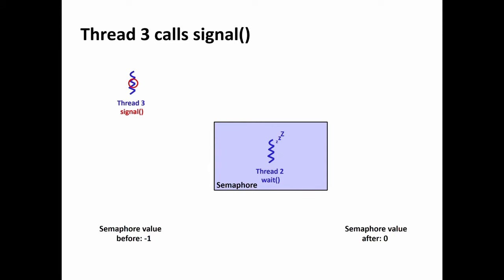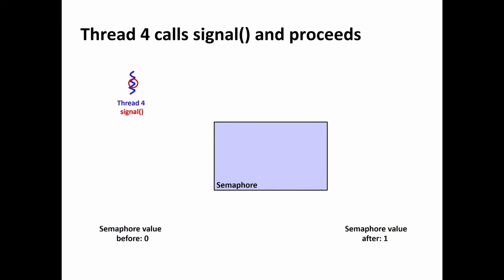Now a third thread comes with a signal. It drops a token and moves ahead, and that dropped token wakes up the sleeping thread so it can move on. The semaphore value changes from -1 to 0, meaning there are no tokens, but also no sleeping threads.